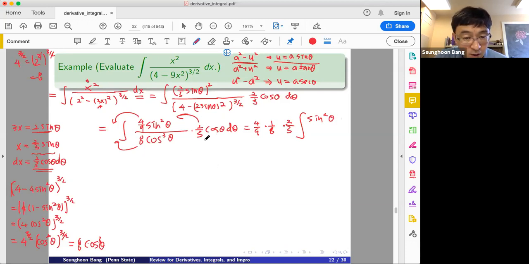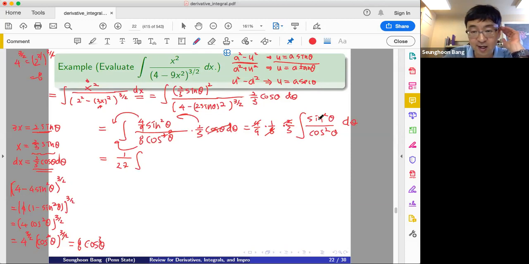What's the bottom one? The cosine theta is crossed out, only 2. We have cosine squared, d theta. And simplify. The 2 is crossed out. We have 1/27. I'm going to change sine over cosine.